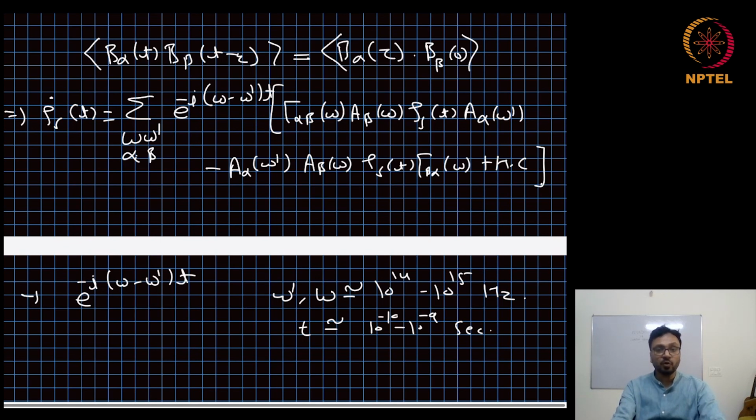So the product of omega times t is a very large number, and exponential of that very large number is a very, very fast oscillating term. This term for these typical values will be a very, very fast oscillating term.